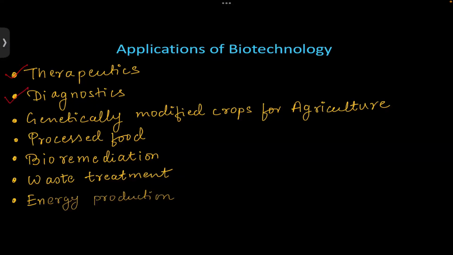For diagnostics, we can now detect various kinds of cancers or other genetic disorders at a very early stage and start treatment, and thus increase the chances of survival. Then crops are now being genetically modified so that they give more yield.